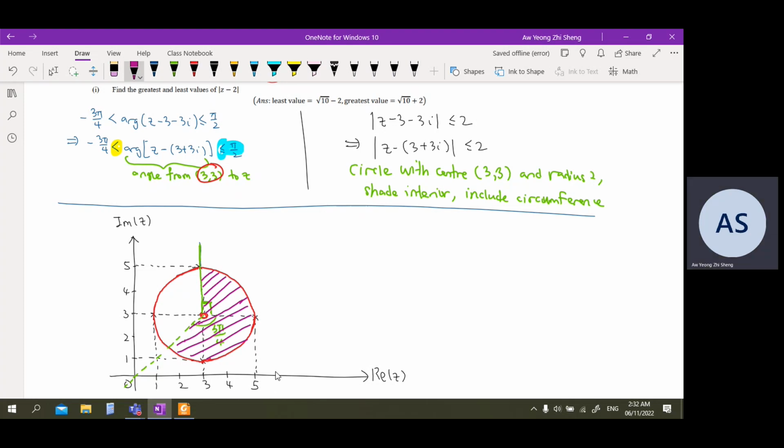Yeah, so this will be the correct shaded region. Yeah, this will be your locus of z.